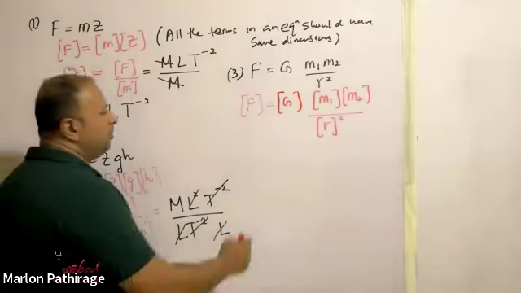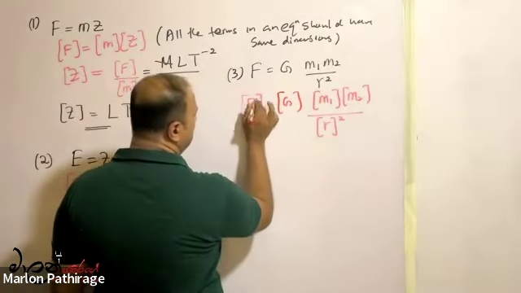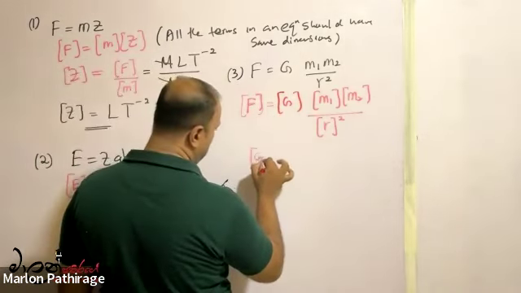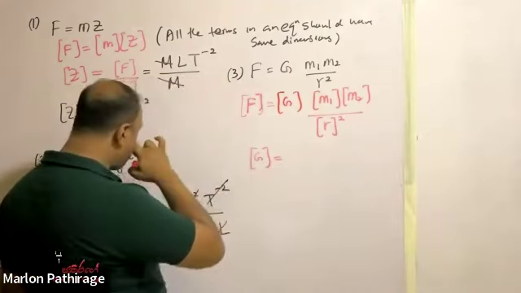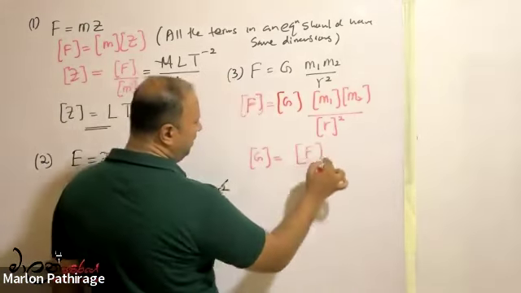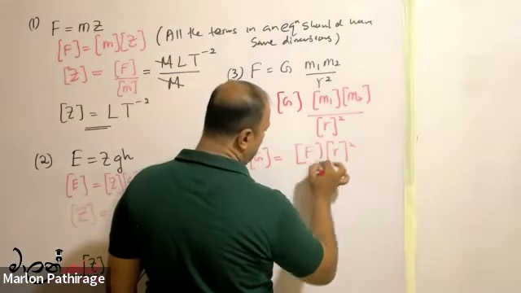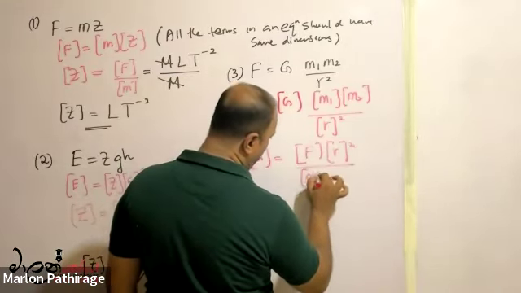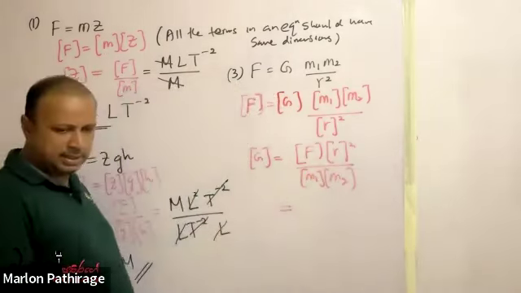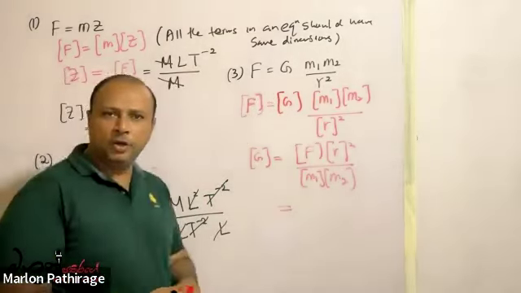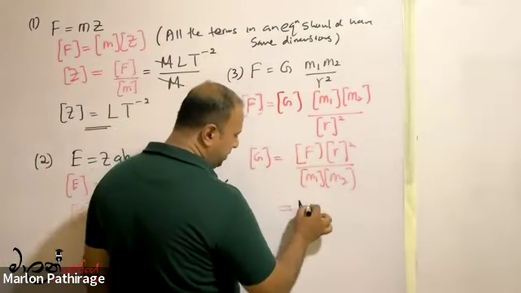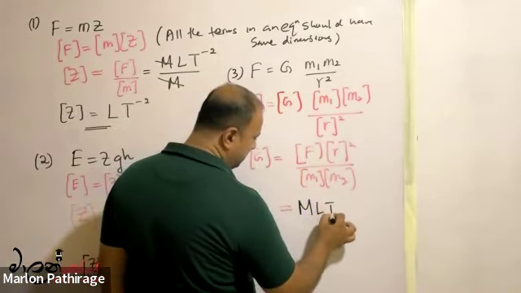Then you can make the dimension of G the subject. That is equal to the dimension of F into the dimension of R squared over the dimension of M1 into the dimension of M2. You know F means force, therefore the dimension is MLT minus 2.